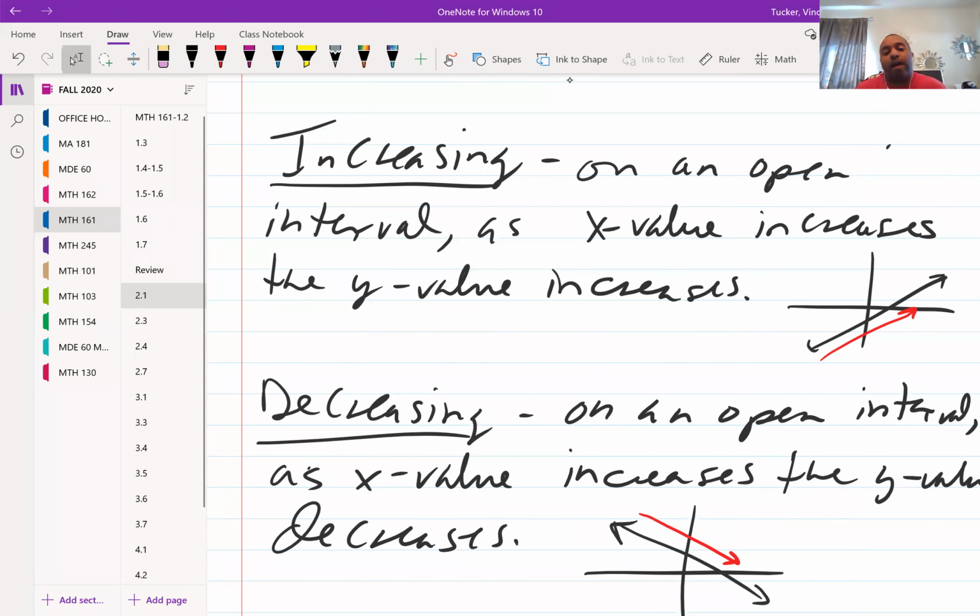And then the opposite happens for decreasing, as you go from left to right. As x increases, your y decreases. So your function will be going down.